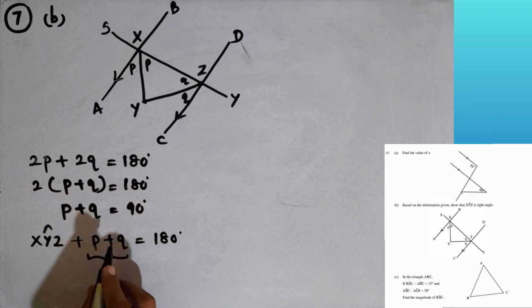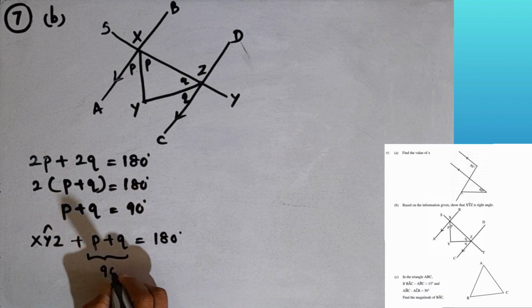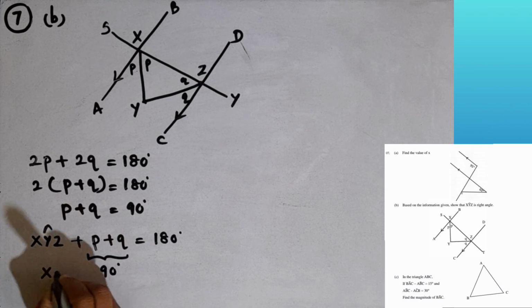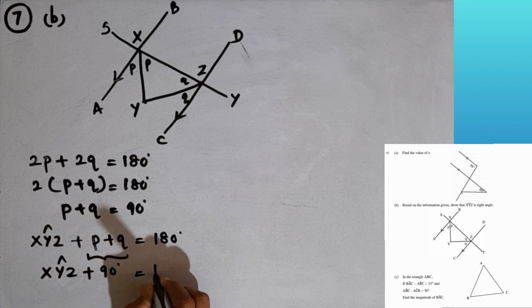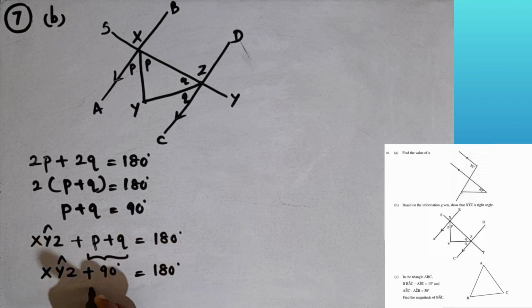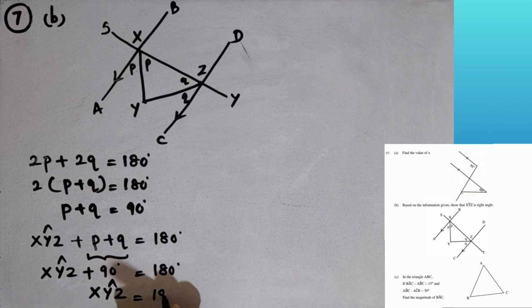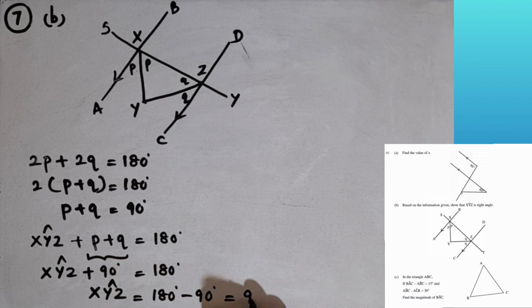Now we obtained P plus Q is 90. Then we can use that here. Then XYZ plus 90 equal to 180 degrees. XYZ angle equal to 180 minus 90. So that is 90 degrees. Because of that, XYZ is a right angle.